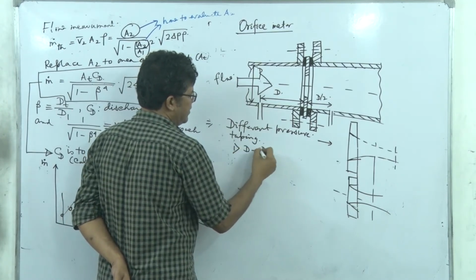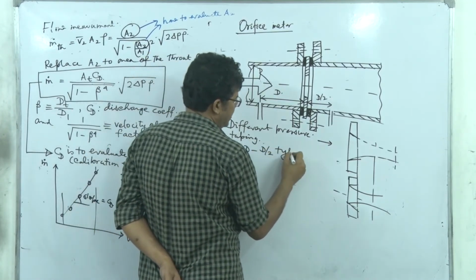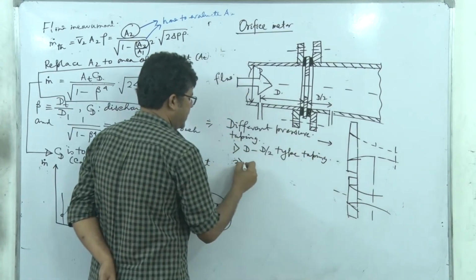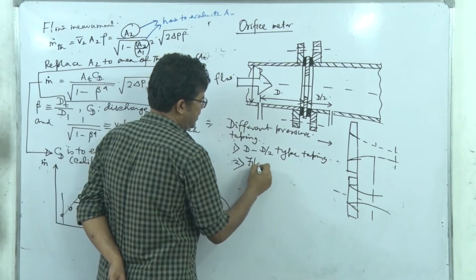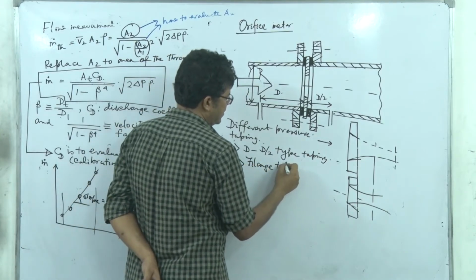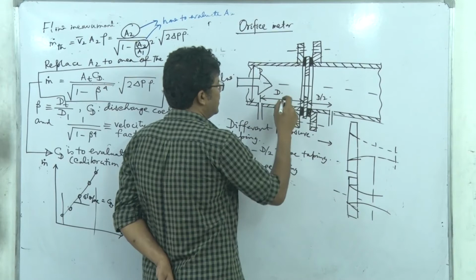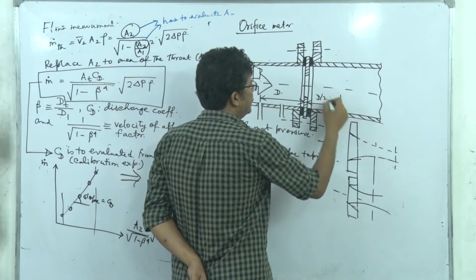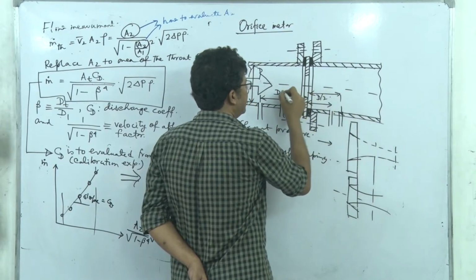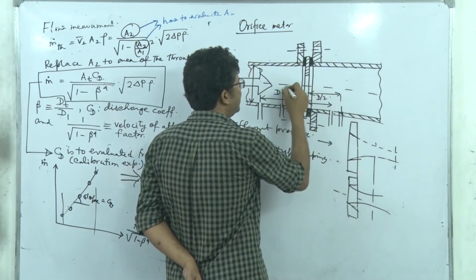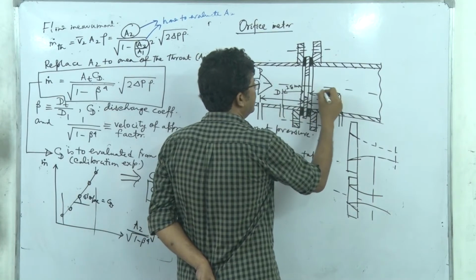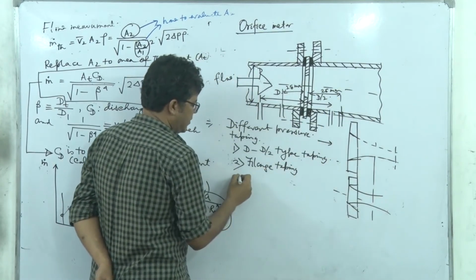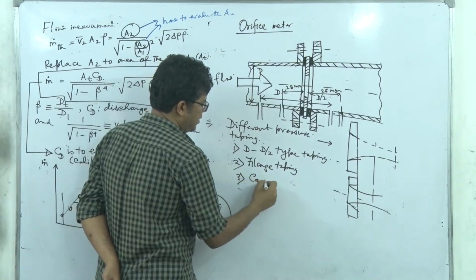First one is D and D/2 type tapping. Second is called flange tapping, where both these are at a distance of nearly 25 millimeter from the plate. So that's called flange tapping, and third is the typical corner tapping.